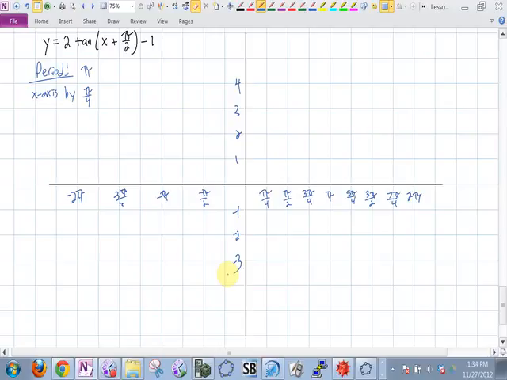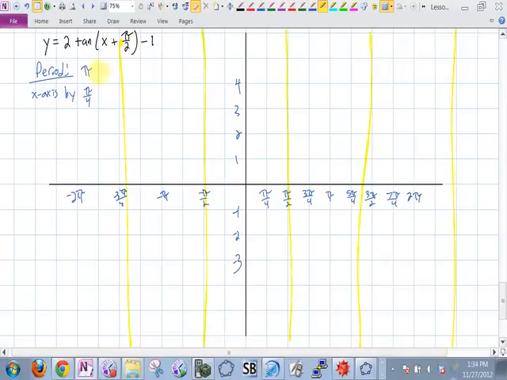First of all, let's go with the vertical asymptotes. The parent function has vertical asymptotes here, here, here, here, there. What is the only transformation that's going to move these? Well, in general, what are the only transformations that can move your vertical asymptotes?